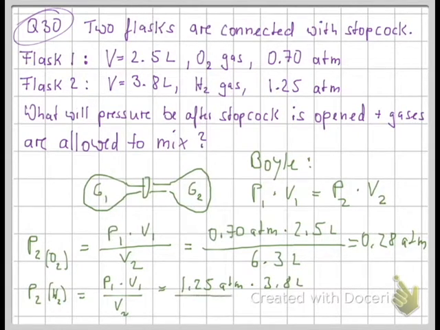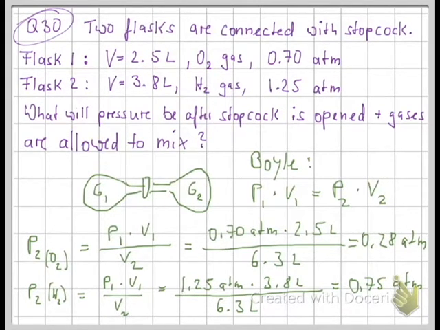But once it had a chance to mix, the final volume is 6.3 liters for this gas as well. So 1.25 times 3.8 divided by 6.3 equals 0.75 atmospheres. So these are basically the partial pressures of each of the gases in the mix.